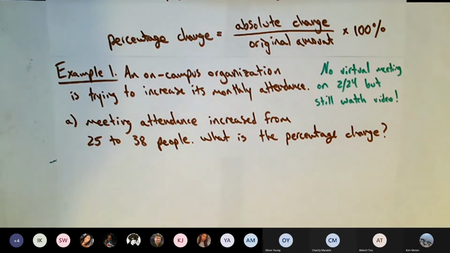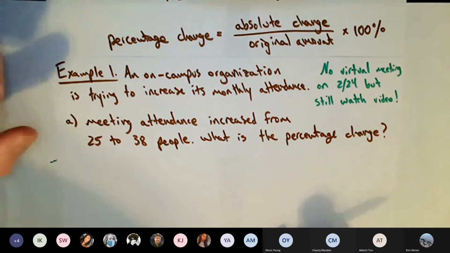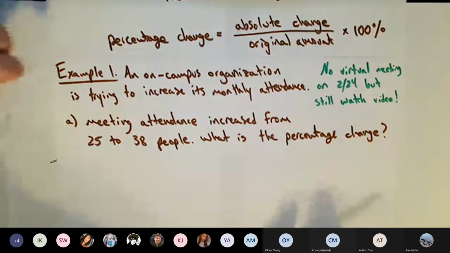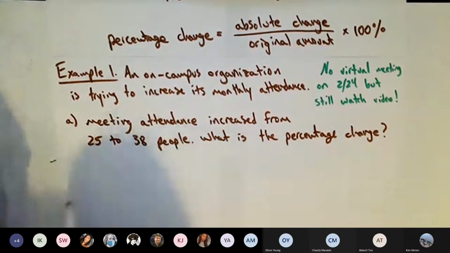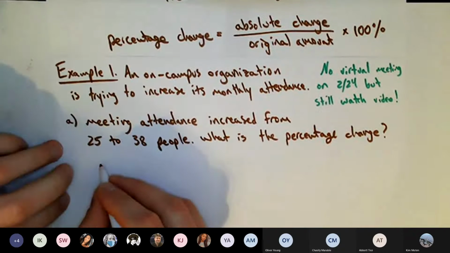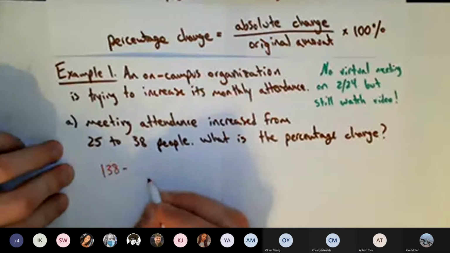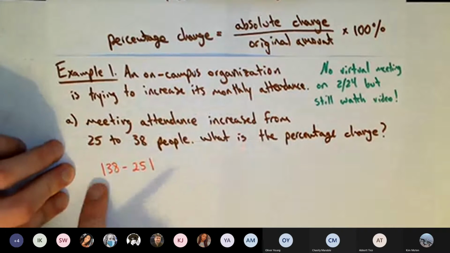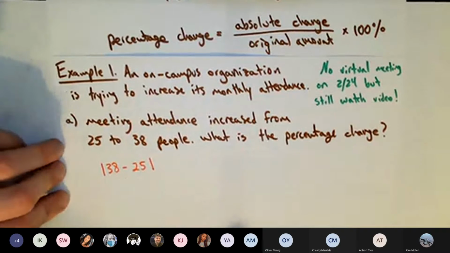So let's go ahead and solve part A, and then we'll move on to part B. What was the percentage change? Well, first I need to find the difference between these two numbers. I should wrap it in parentheses and do the new amount, 38, minus the original amount, 25.